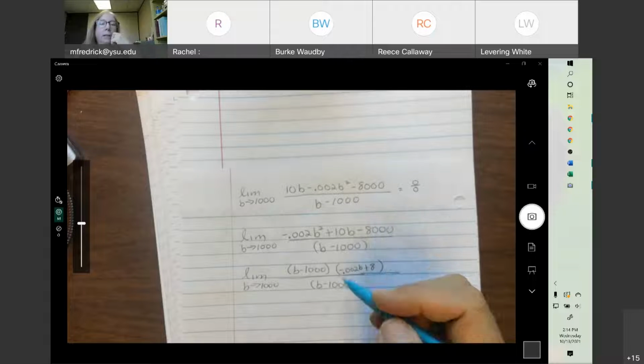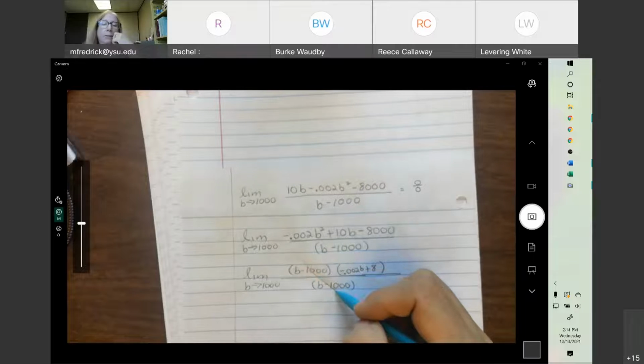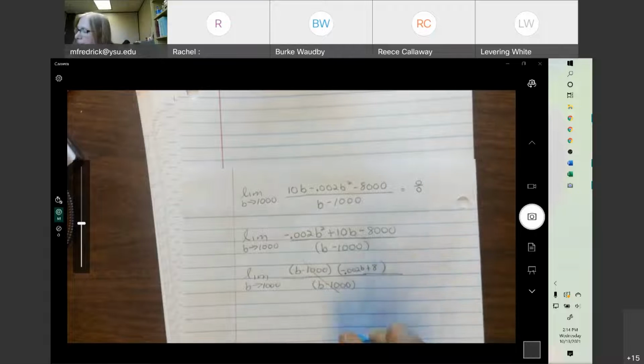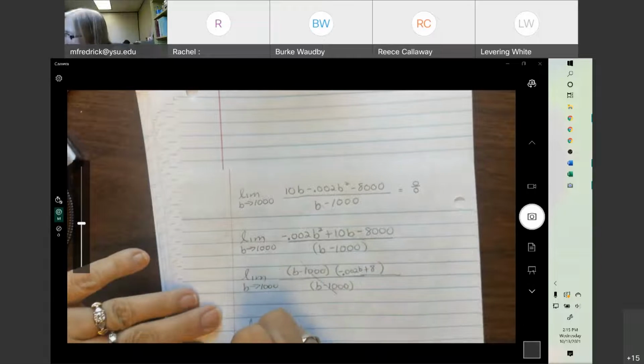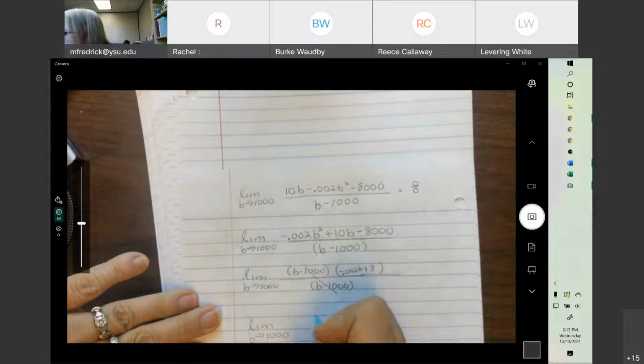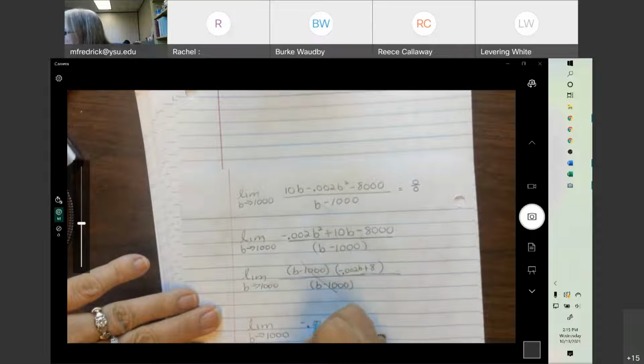Okay. Then notice these two cancel. Limit as b approaches 1,000, negative 0.002b plus 8.